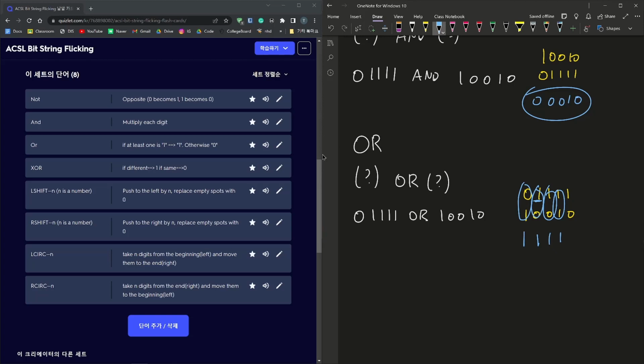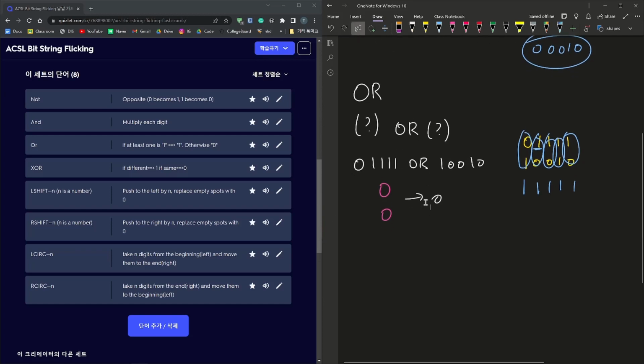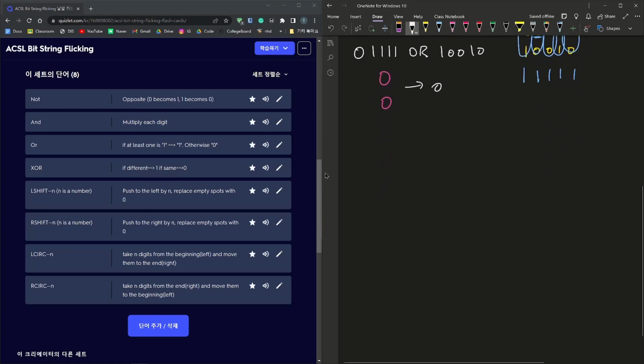The fact that both of them are 1 doesn't change anything, it's just 1. Again, 1 here. This was actually a bad example. If we have two digits, 0 and 0, that's going to be 0, okay? Because none of them are 1. So just keep that in mind.